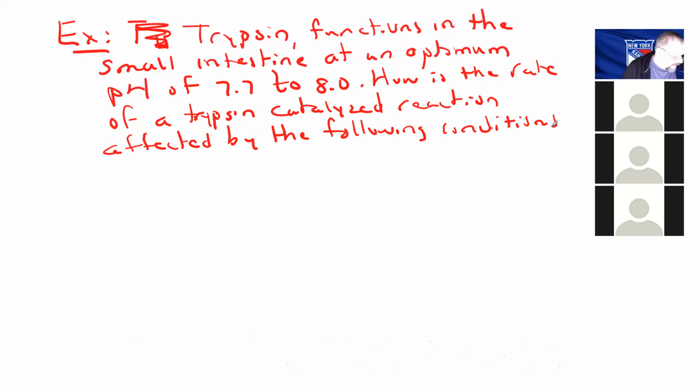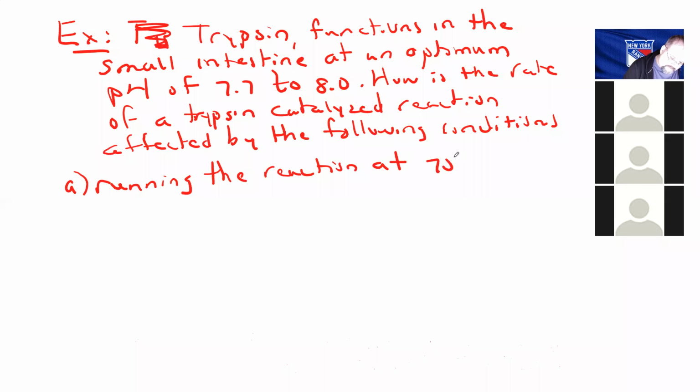Okay. And the first one would be running the reaction at 75 degrees Celsius. So essentially, letter A speaks to temperature. Okay. So we talked about the fact that enzyme and substrate molecules are constantly moving.